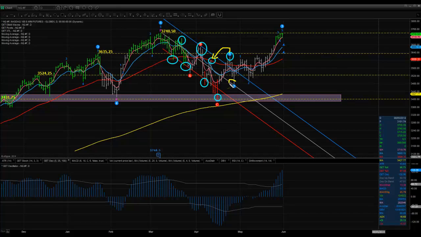And then we formed a new pivot low there, which was higher than that prior pivot low. It took us a little bit of time, but we finally took out that high with a higher high here. We came back down, but we did not take out this low here, so we made a higher low there, and then another higher low, and then a high here.